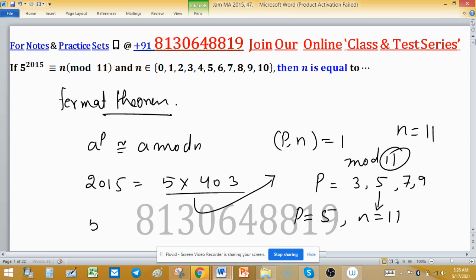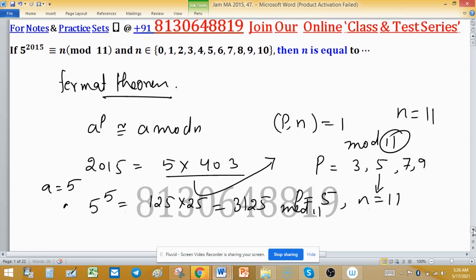As the value of a is 5, consider a as 5. So 5 raised to the power 5 is 125 into 25, and we need to multiply it. That will be 3125, and we need to divide by 11, mod 11.